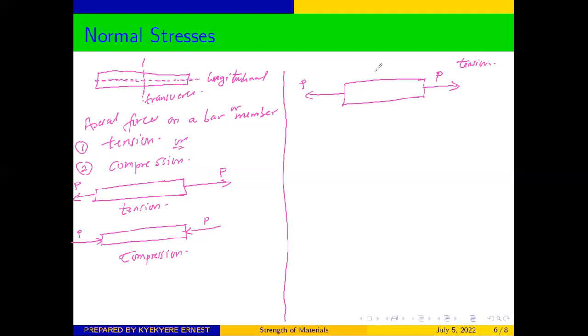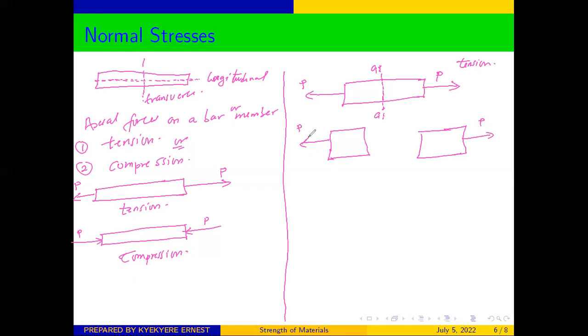If I decide to cut through a section like this, this is A, this is A, crossing the longitudinal section, it means that I am going to get two halves of that member. And this other half will also be like that, because I've cut through the section AA, and the load is here, the load is here.